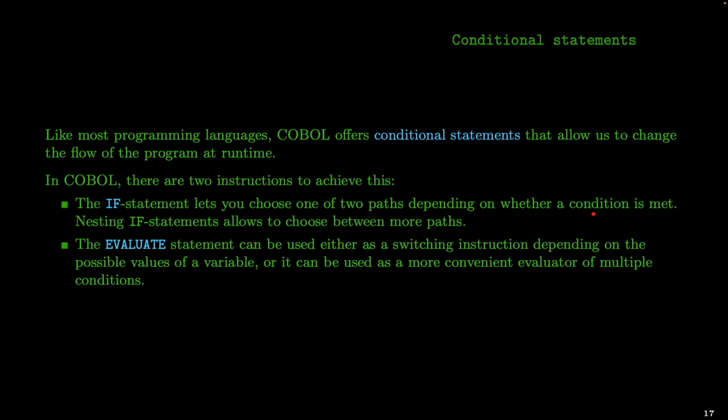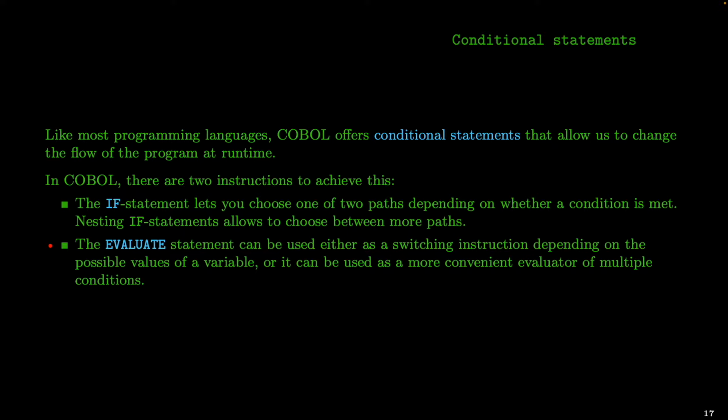And if you want to evaluate more paths and more possibilities for that condition, then you can use nested if statements to do that. There's also the evaluate statement, which is a bit more complex than the if statement, I would say.